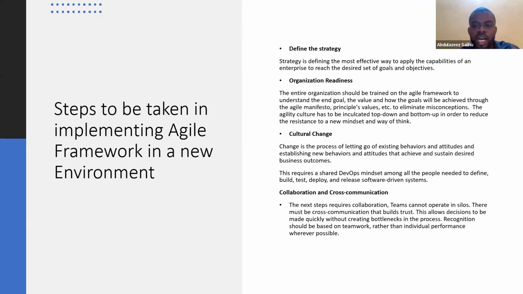The agility culture has to be inculcated top down and bottom up. The least person in the organization needs to know that, okay, there's a new way of thinking. And the highest person in the organization needs to know there's a new way of thinking as well. So that when things get to your desk, you don't take it as business as usual.